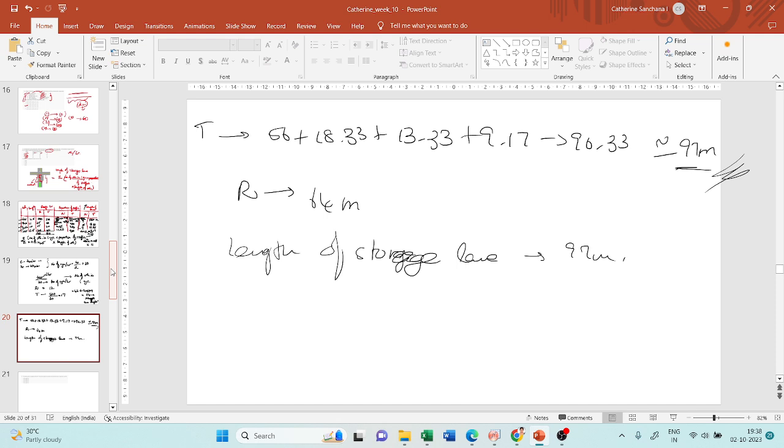Suppose right turning vehicles are coming, they have to take right turns. They will not take. So through vehicles can also occupy the storage lane. Yeah, tell me.